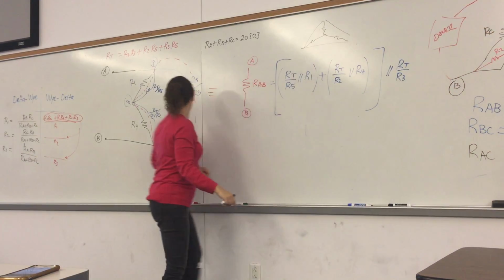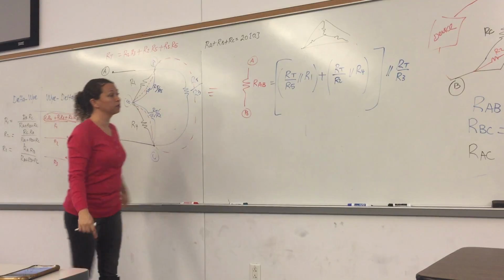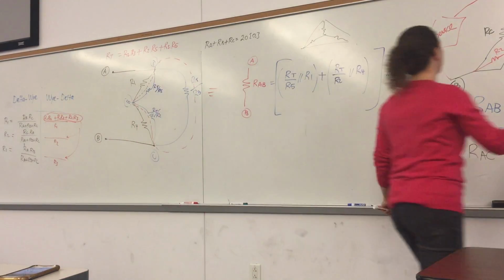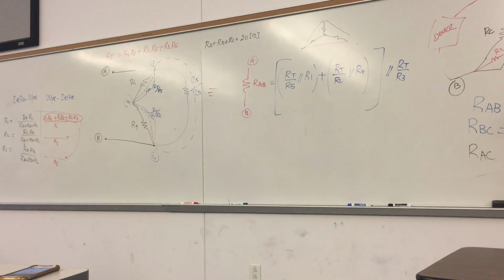Okay? And going back, look at here please for a moment. So when you are going from Y to delta, you have this R total, which is R1 times R2, R1 times R3 plus R2 times R3 at the numerator. Now, when you're going from this to this, you have this total resistance divided by R3, okay?